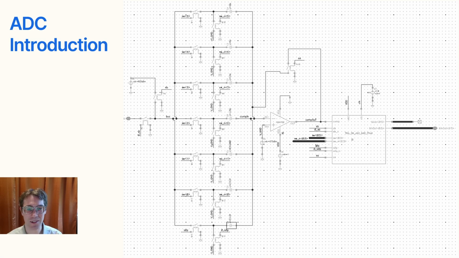So I chose to do a charge distribution analog to digital converter, and what happens in this design is you take a sample and then you do comparison with how much charge is built up, and you index through your different bits, which are actually capacitors, and then compare if your charge is greater or lesser than those, and then that's how you go from analog to digital in our design.